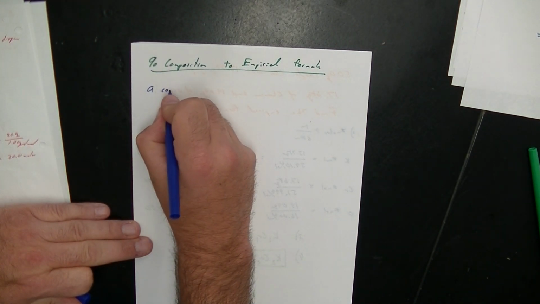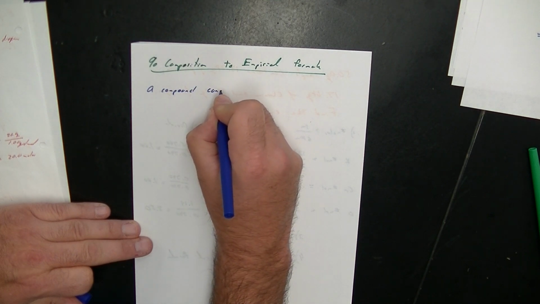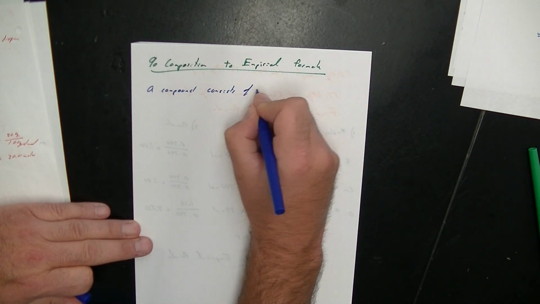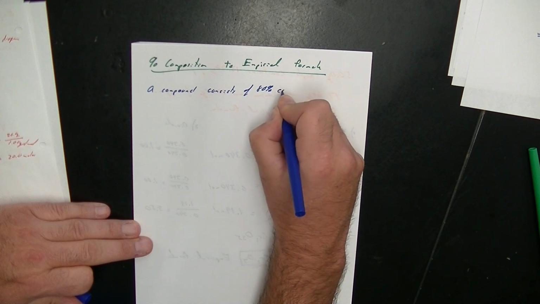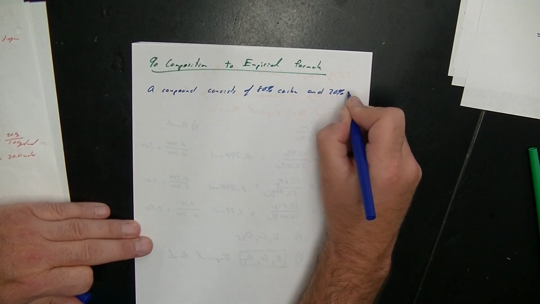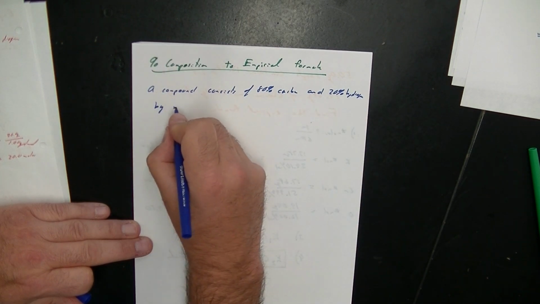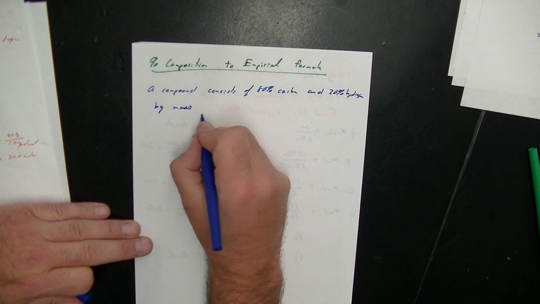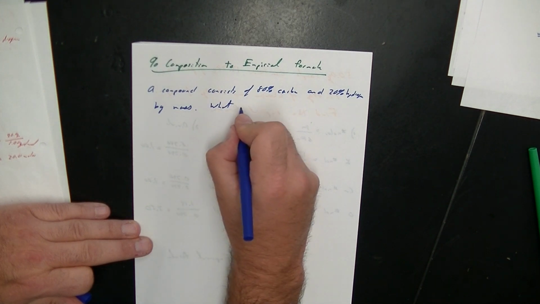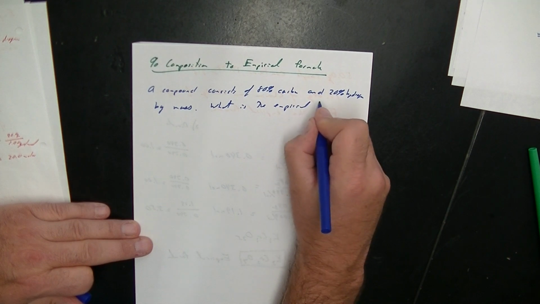A compound consists of 80% carbon and 20% hydrogen by mass. What is the empirical formula?